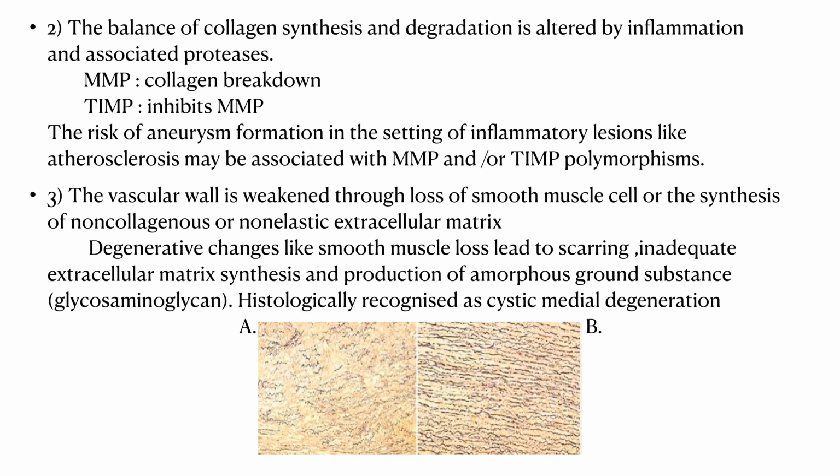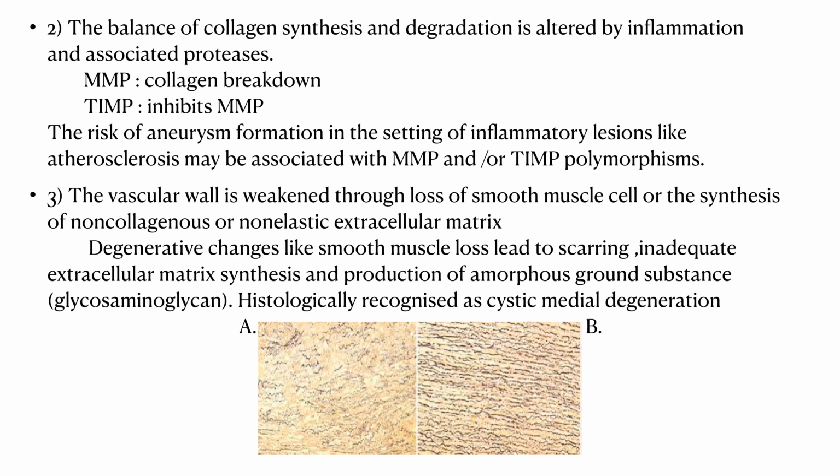MMP is an enzyme or a protease which degrades collagen and all other substances like proteoglycans and elastin, everything which is present in the muscular vessel wall, basically leading to weakness of the muscle walls. And TIMPs, or tissue inhibitors of metalloproteases, are the inhibitors of MMPs. And there's a specific balance between these two for the normal sustenance of the vessel wall.